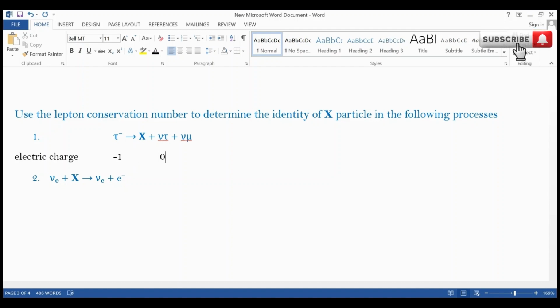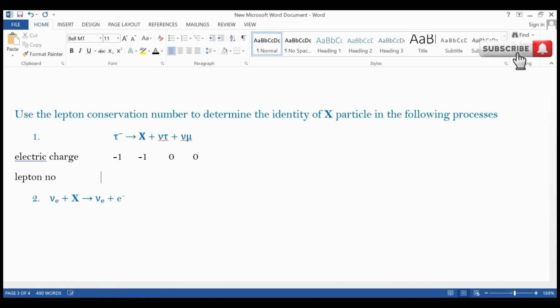For tau neutrino it is 0, and for muon neutrino the electric charge is 0. So from this we can conclude that here should be -1 in order to conserve electric charge on both sides. Now -1 on the reactant side and -1 on the product side.